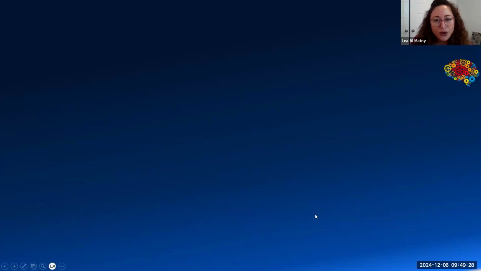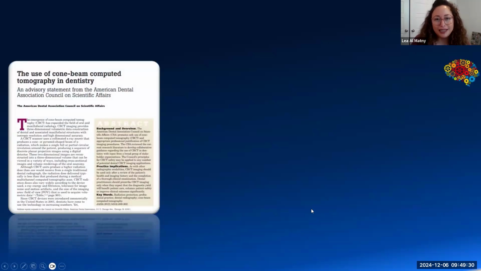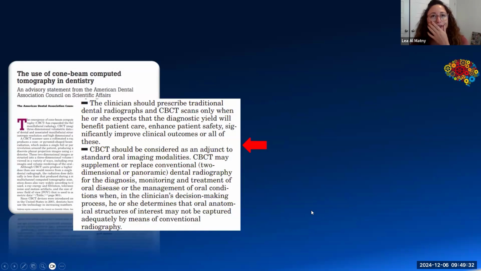Okay, so radiation risk assessment. If we talk specifically about endodontists, for example, or surgeons or periodontists, you would see that each one of these specialty bodies has guidelines for when you should or shouldn't be using CBCT.